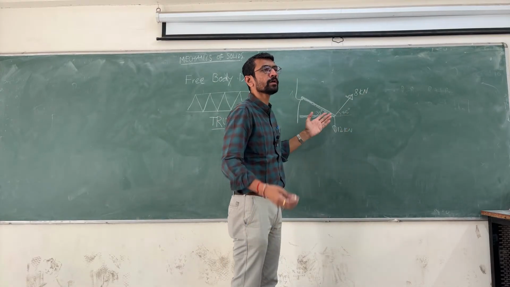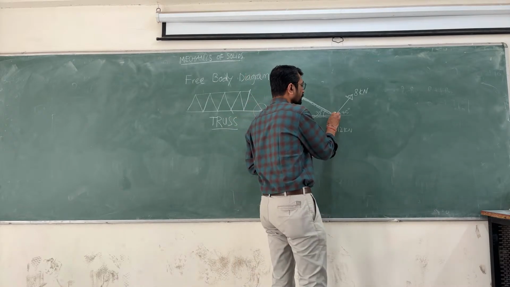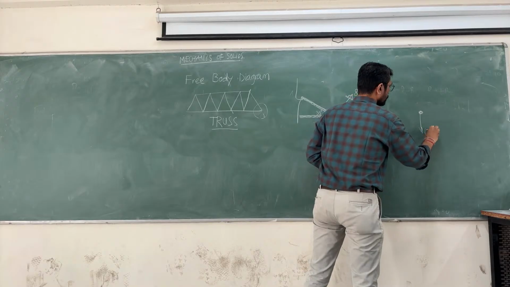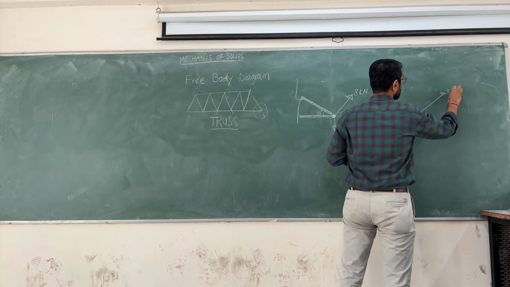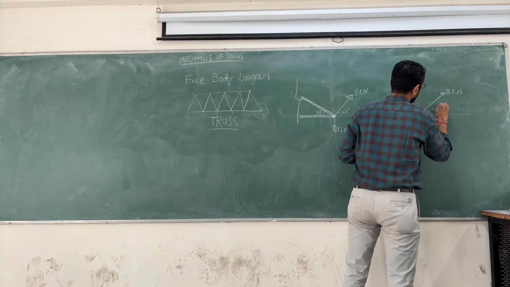So first we will draw a free body diagram. Certainly, what will be the free body diagram of this point? 12 kilonewton, 8 kilonewton, which will be having angle 45.